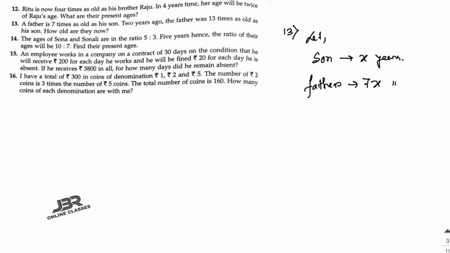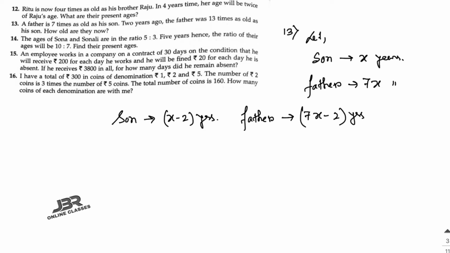Okay, now 2 years ago means here subtract. So 2 years ago age of his son will be x minus 2 years, and 2 years ago age of his father will be, sorry, 7x minus 2 years.